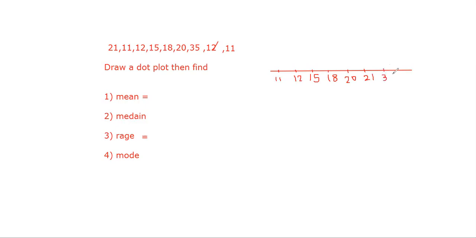So we will start to plot the points now above each one. We will just write a cross. So we have 21. So where you can see 21, I'm going to put a dot like this or a cross. 11, I have 11. And 12. This is another one. So we took already 21 and we took 11 and 12, 15. We put it here.